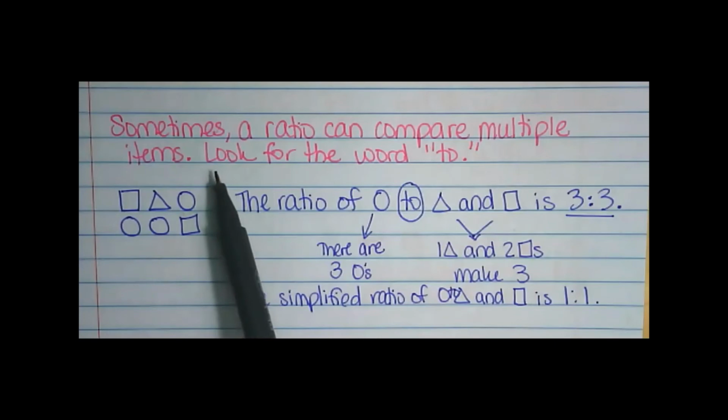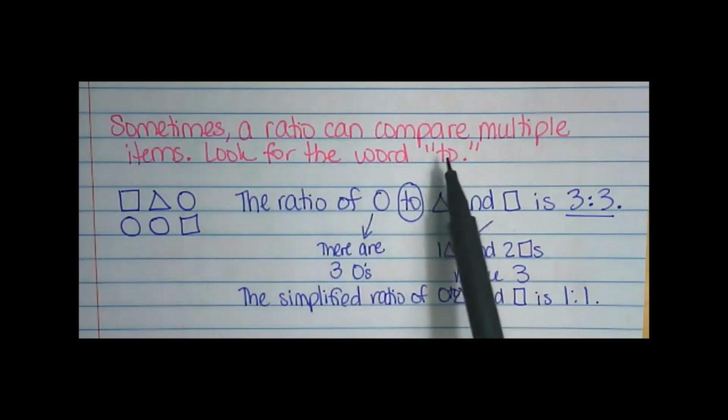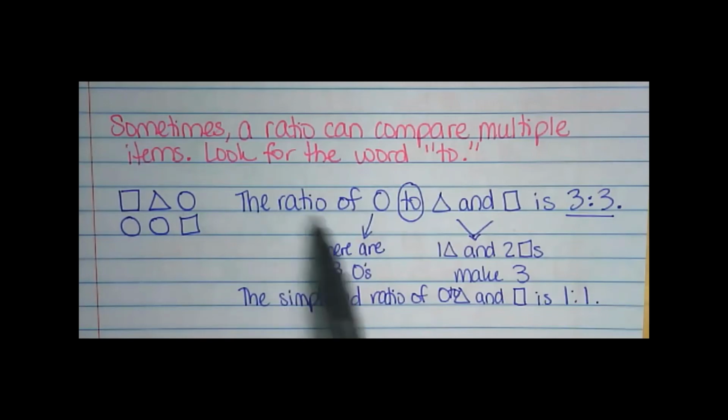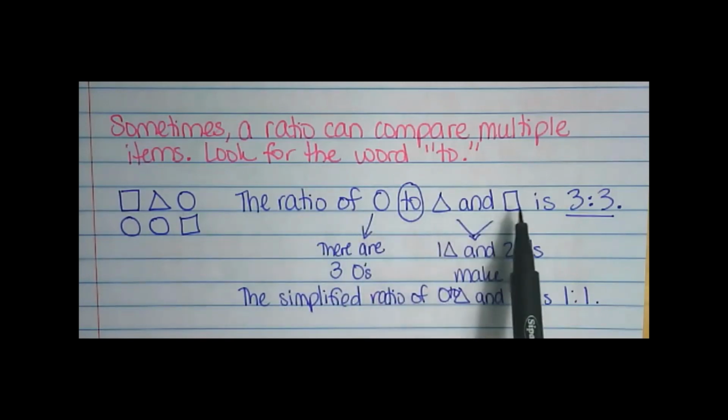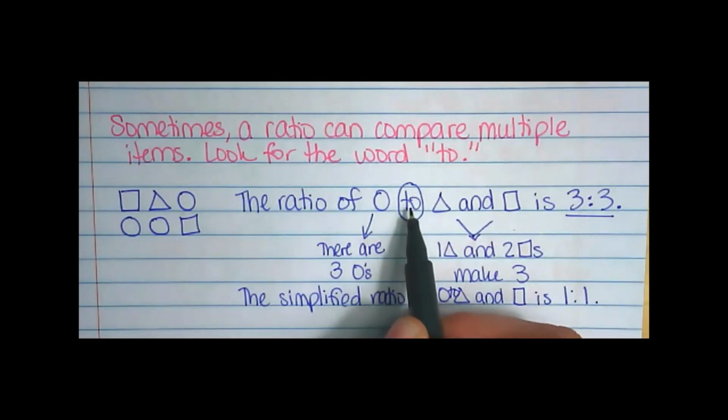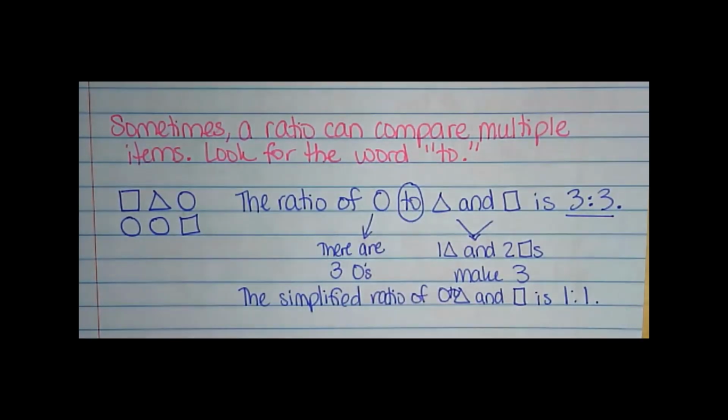And anytime you're dealing with a ratio, always look for the word to, T-O. So, for instance, if we look at this picture here, we have circles, triangles, and squares. So this statement here says the ratio of circles to triangles and squares. Alright? The word to basically is what splits the ratio into the 2 different parts. So circles comes first.